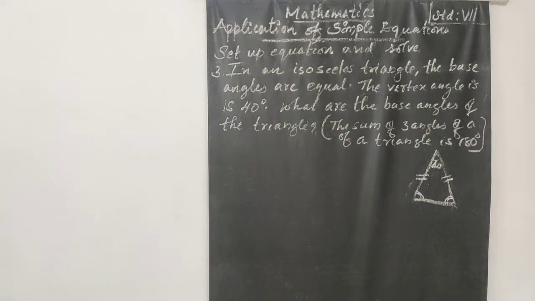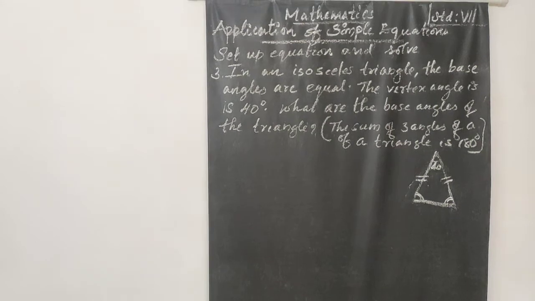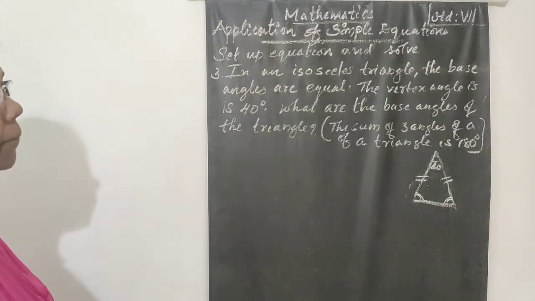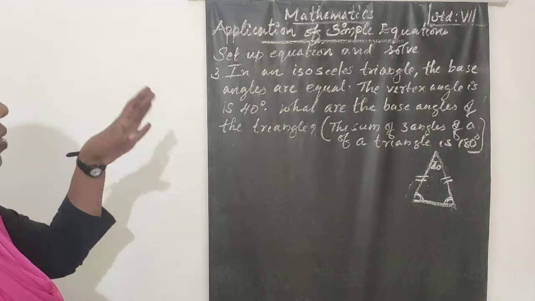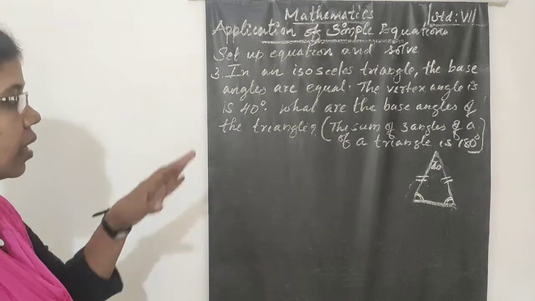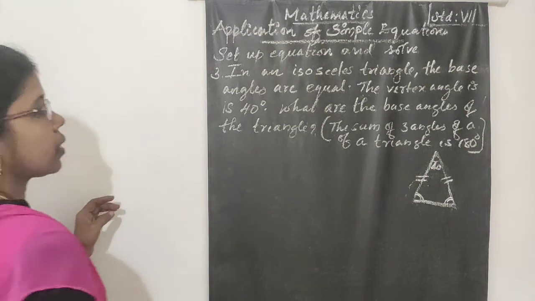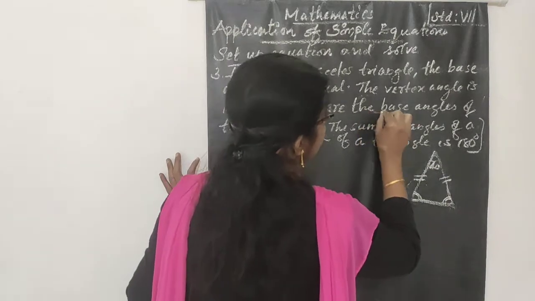Let's read it one more time. In this question we have to find the base angle. In an isosceles triangle, the base angles are equal. The vertex angle is 40 degrees. What are the base angles of the triangle?